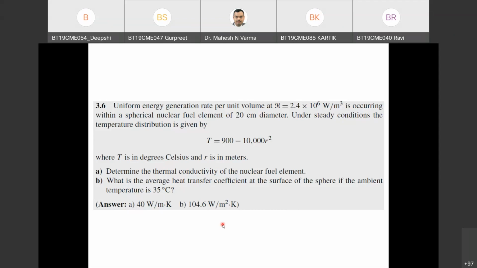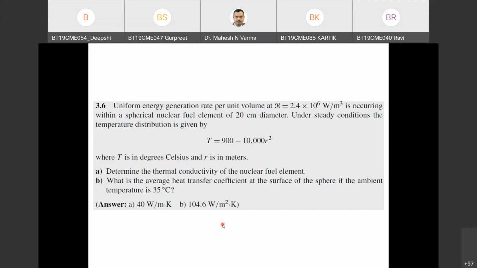So very fundamental way I will tell, to solve any problem in engineering, any problem in any subject, you take down all the data with standard nomenclature. Like here, radius of fuel element is small r equals to 20 centimeter, that is equals to 0.2 meter. Temperature, this degree Kelvin. Everything you take down in standard nomenclature and observe the given data.